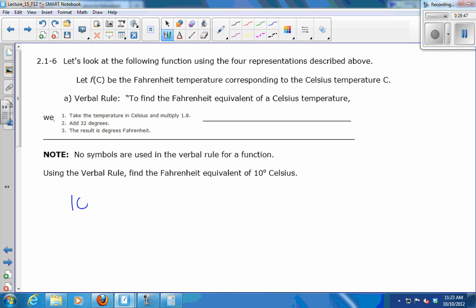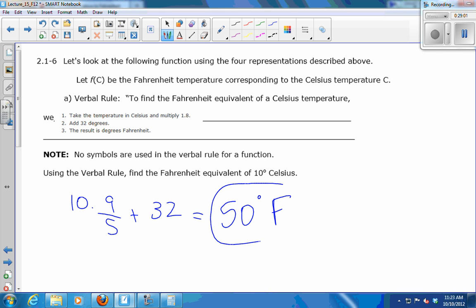Okay, so we take 10 degrees, we multiply by 9/5, then add 32. So 10 times 9/5 is 18. 18 plus 32 is 50 degrees Fahrenheit. Okay, very good.